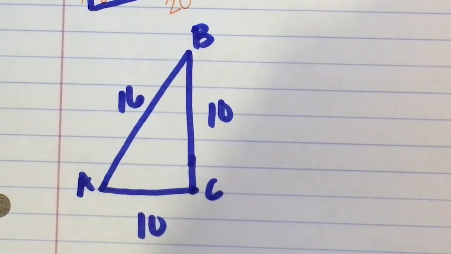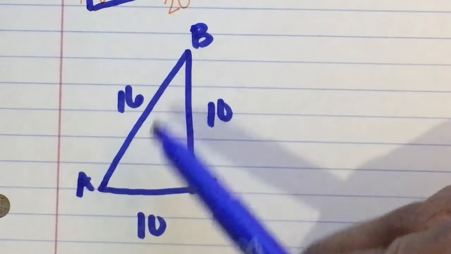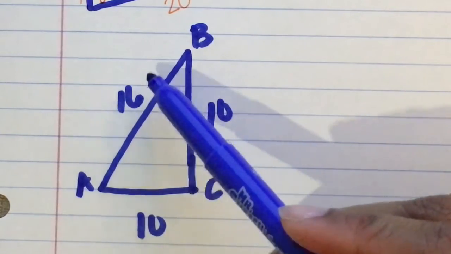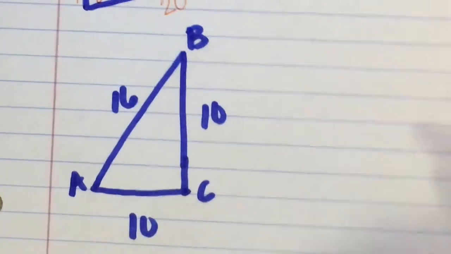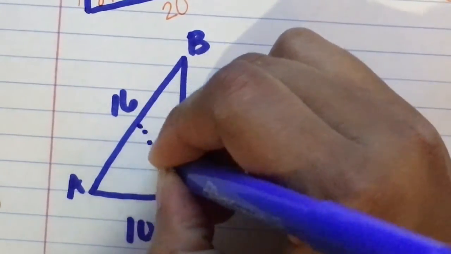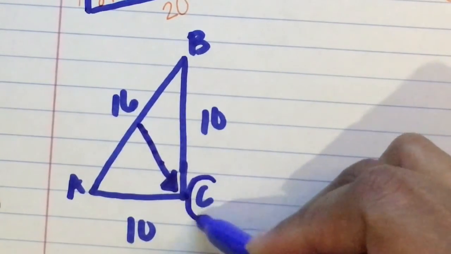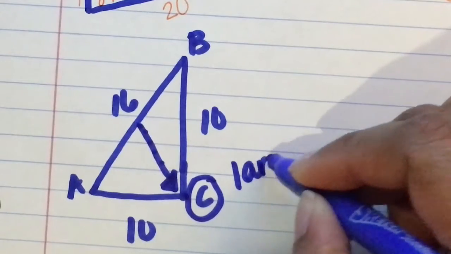And they want to know which angle is the largest angle. Well, again, if we're looking at the sides, our angles go with our sides. This is 10, this is 10, this is 16. This right here is the longest side. And so that's going to be across from the largest angle. So angle C is the largest angle.